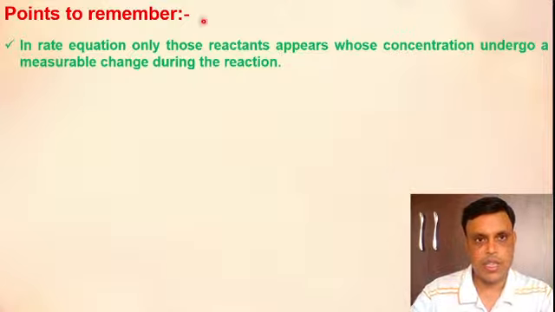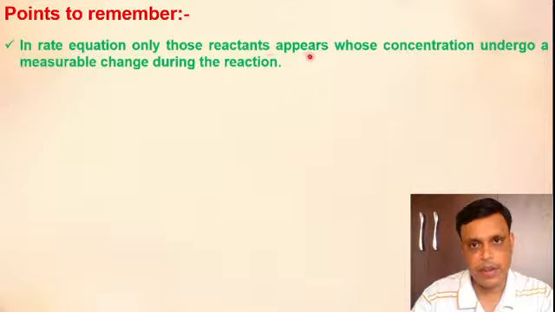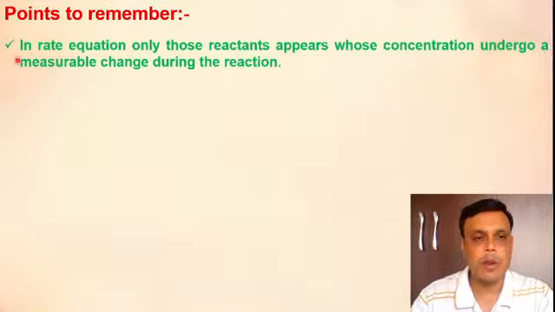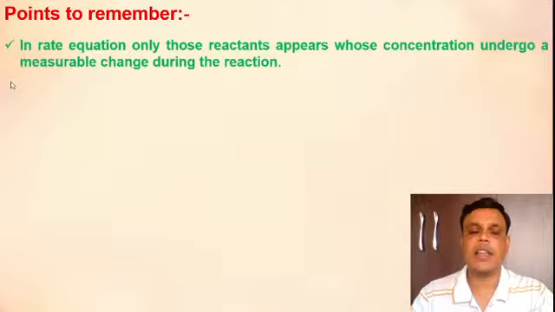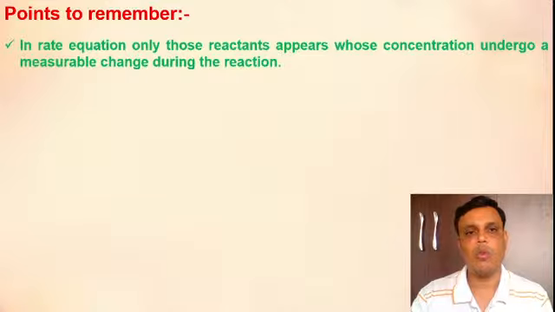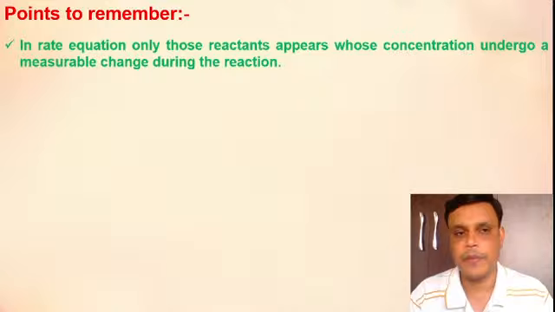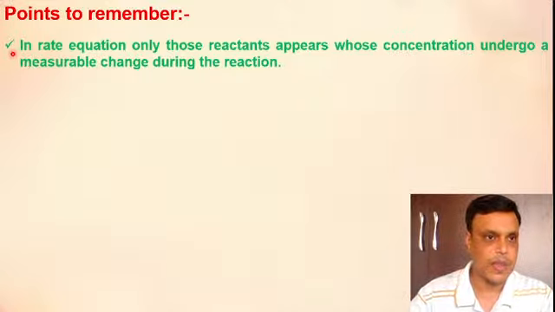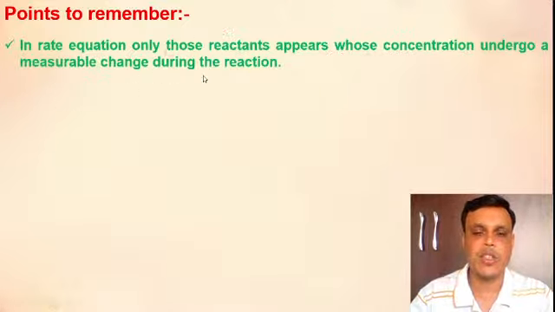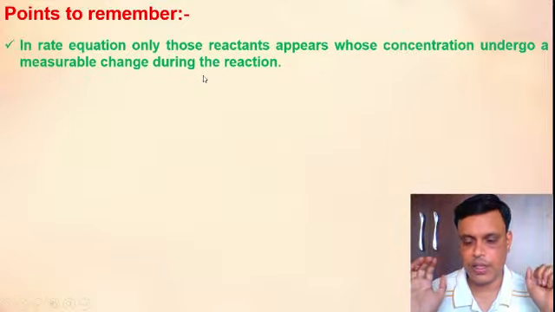Only those reactants which appear, and whose change in concentration is measurable. जिस रिएक्टेंट का change of concentration is measurable, only that reactant will appear in a rate equation. This is the first point you have to remember. In the rate equation, only those reactants appear whose concentration undergoes a measurable change during the reaction.